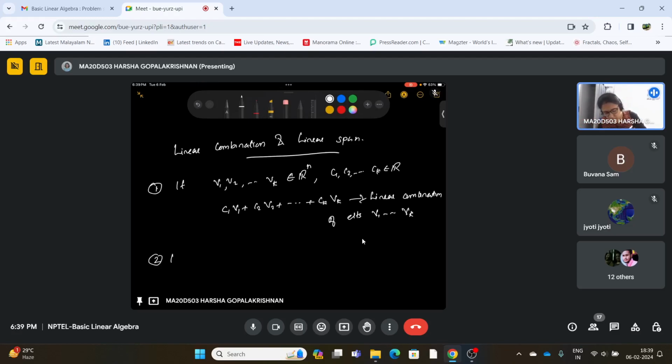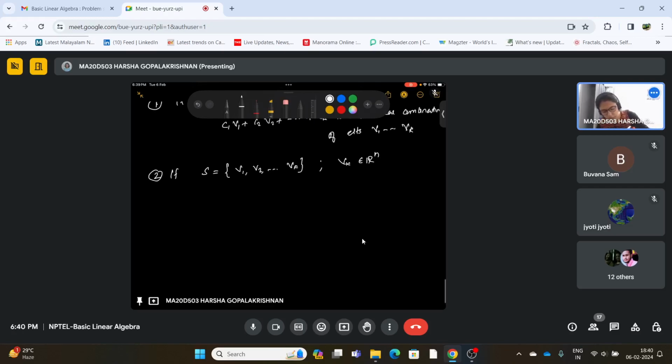For example, if we write the set S equal to {v1, v2, etc., vk}, each vi in Rn, then we call it the span of S, or linear span of S, written L(S), which equals the set of all a1 v1 plus a2 v2 plus etc. plus ak vk, where ai belongs to R for 1 less than or equal to i less than or equal to k.